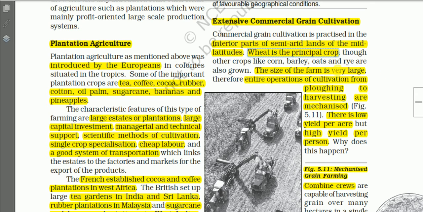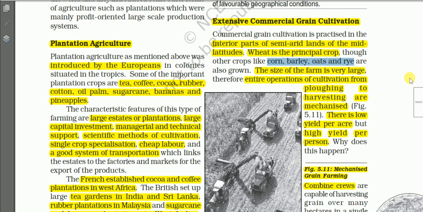Other crops like corn, that is maize, then barley, oats, and rye are also grown. Rye is also known as poor man's food in America. But nowadays in America, rye is mainly used as fodder for animals also.